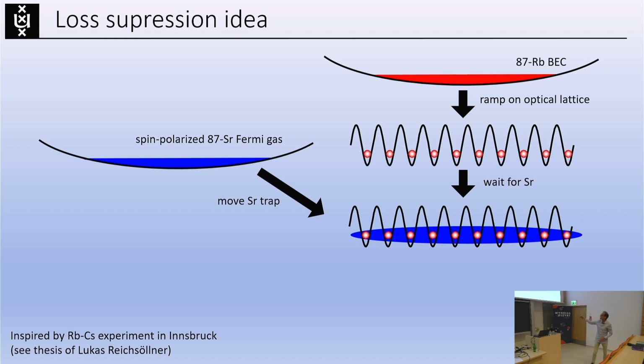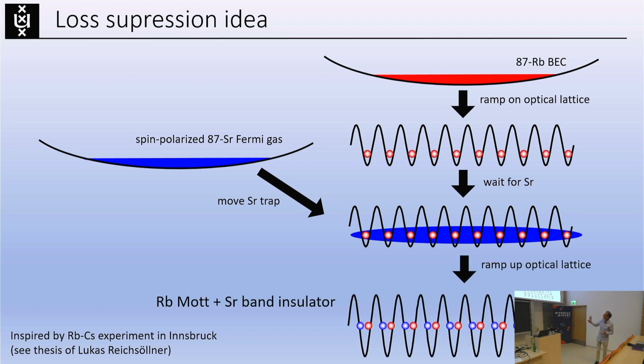That should work nicely because the lattice at 1064 nanometer is 1/3 as deep for strontium, so you can move it in. And since it's a spin polarized Fermi gas, two fermions can't be close to each other, and then you can only have two atoms encountering each other at a time. So three-body should be suppressed. And then we ramp up the lattice, get a Mott and band insulator, and we are good to go.